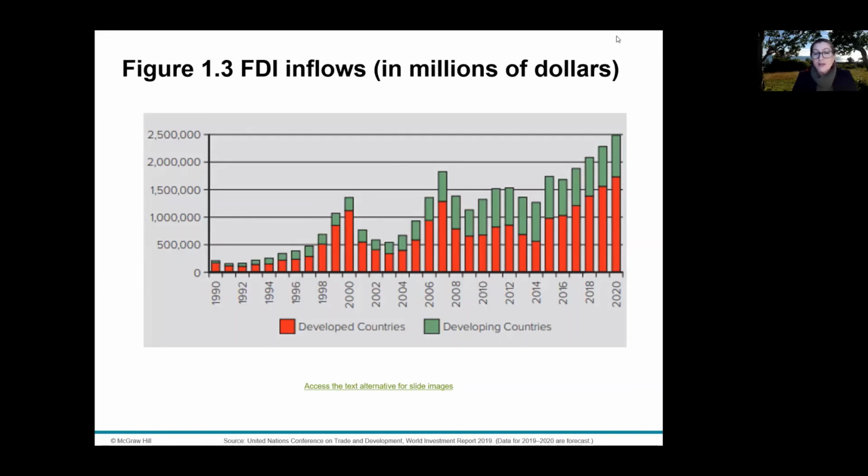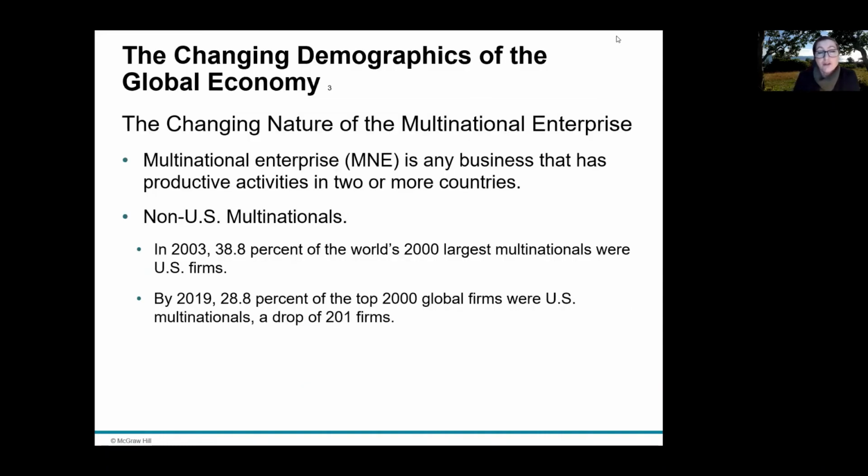But look at the green bars. This is the developing countries, right? So not only have they been holding their own, they have been increasing their foreign direct investment inflows. And part of how they've achieved that is through reduced regulations with regards to foreign direct investment. Notably, each nation will have their own rules and regulations with regards to foreign direct investment.